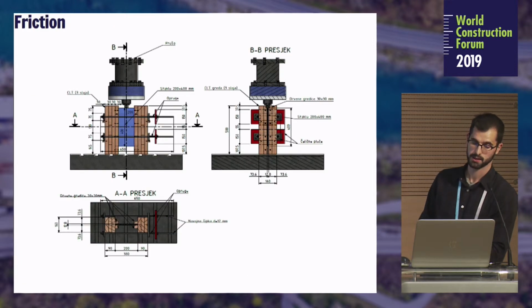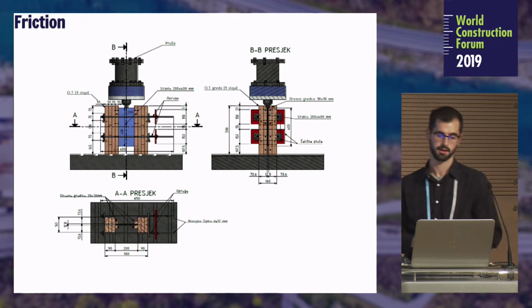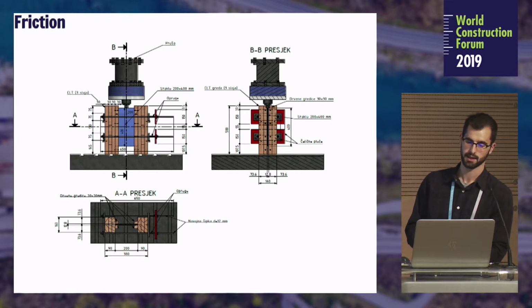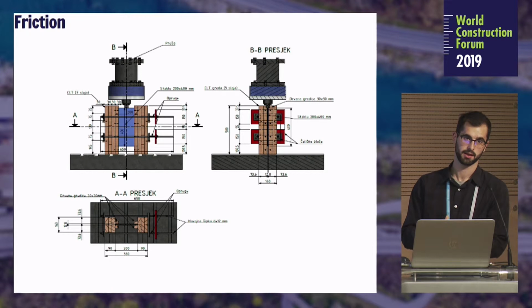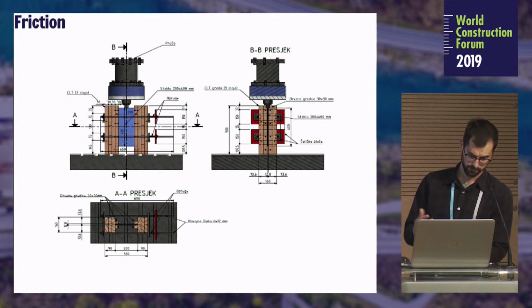The next model was to define the friction between the CLT elements and the glass element, because when the glass element can freely slide in the wooden frame, it's actually the main parameter under seismic load, so we have to investigate it a little bit.